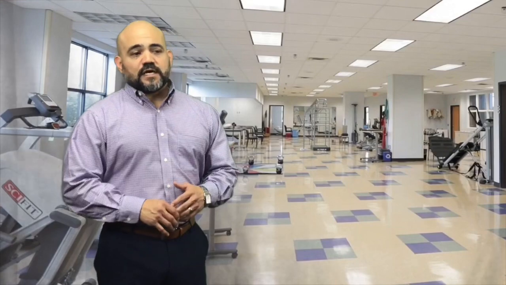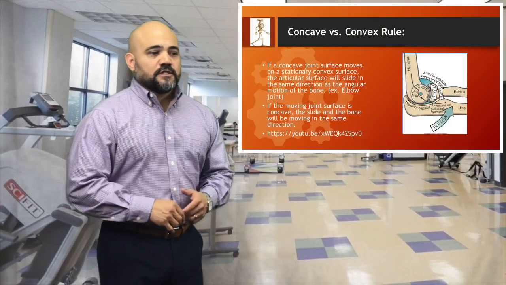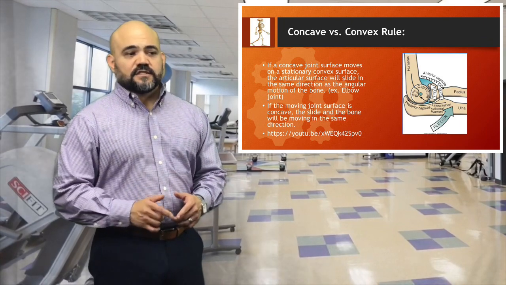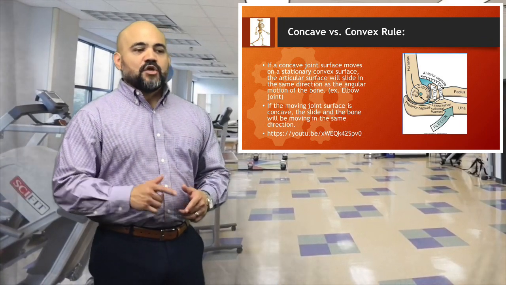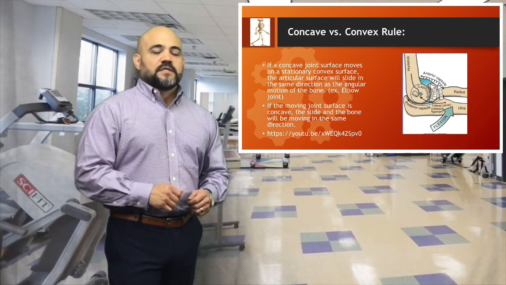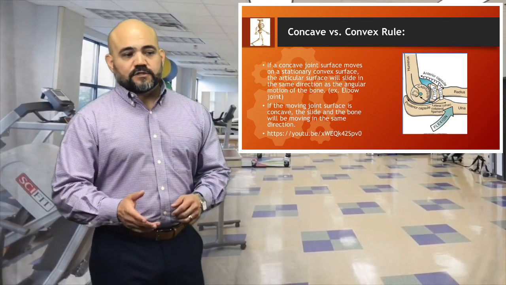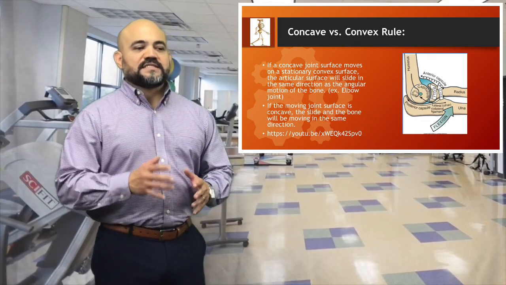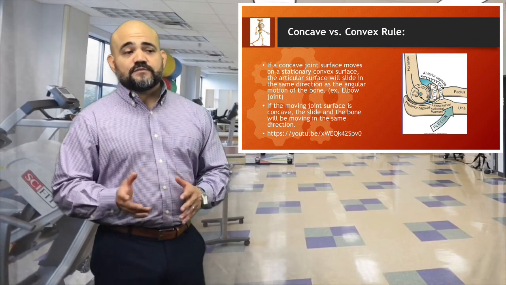Now let's go over to the concave convex rule. If a concave joint surface moves on a stationary convex surface, the articulating surface will slide in the same direction as the angular motion of the bone. An example of this would be the elbow joint. Basically, if the moving joint surface is concave, the slide and the bone will be moving in the same direction.